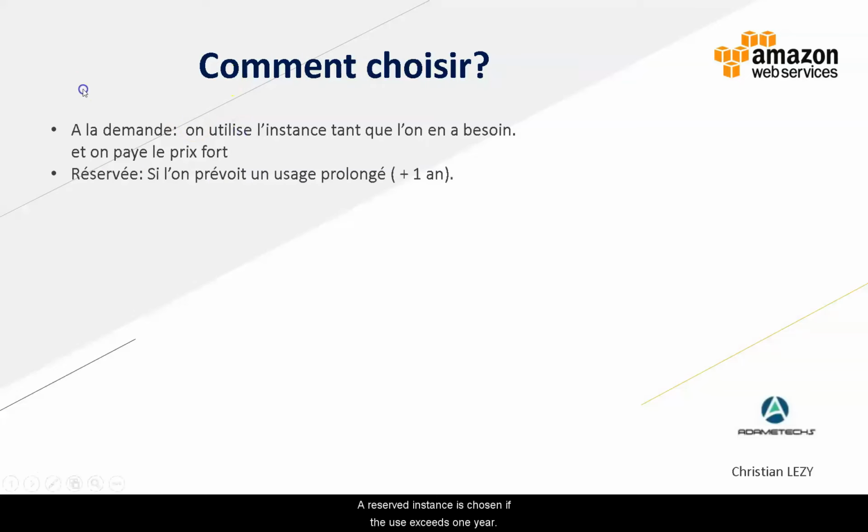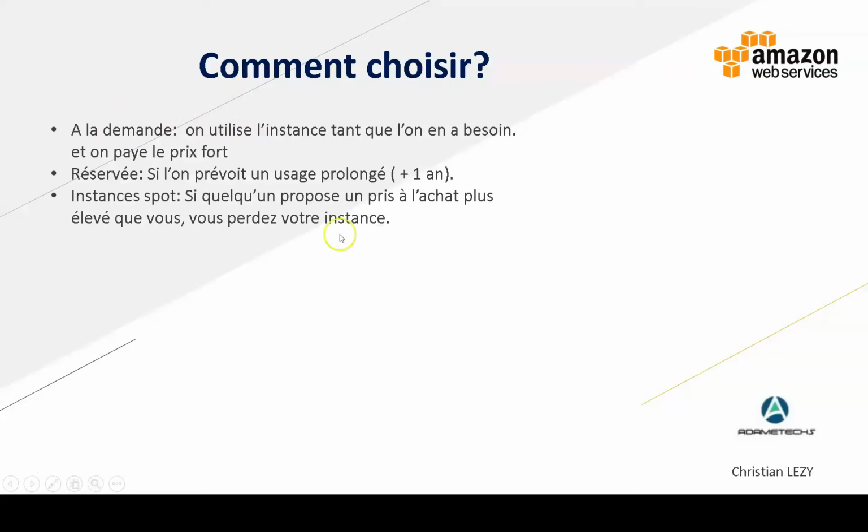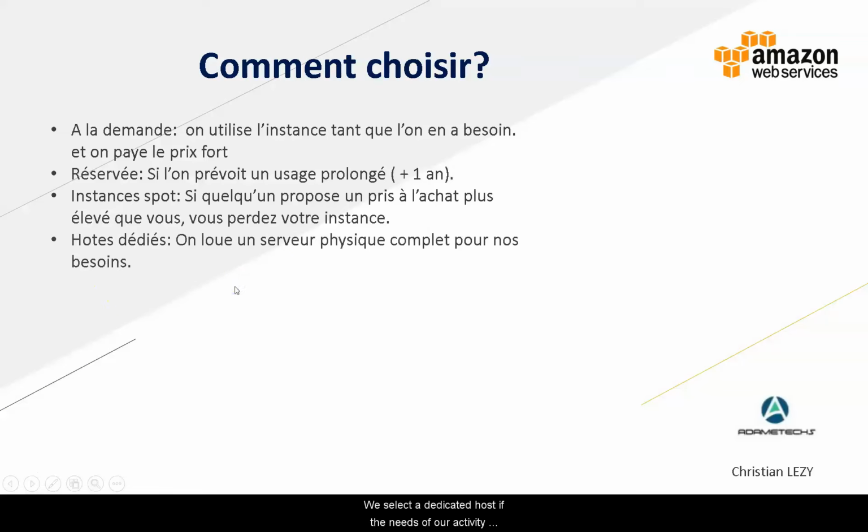A reserved instance can be selected if the use exceeds a year. Spot instances are useful for punctual needs. However, there is a risk of losing the instances because of the price on the market. We select a dedicated host if the needs of our activity require the rental of a physical server.